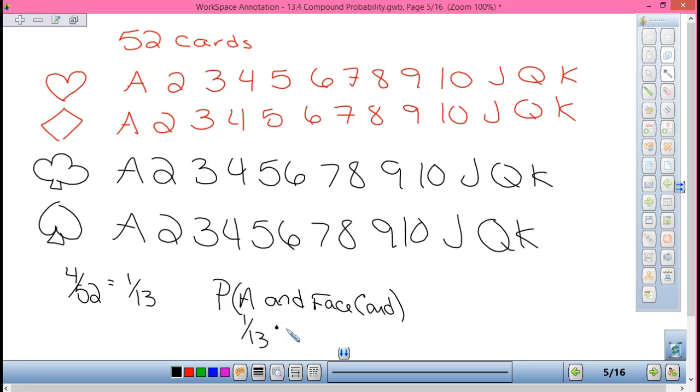Well, how many face cards are there? 12 face cards out of how many cards? 52. Okay. We need to multiply those together.